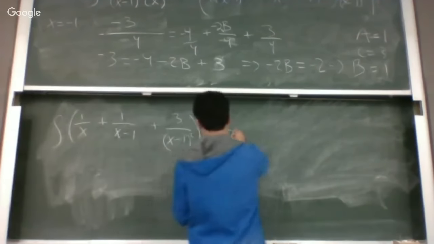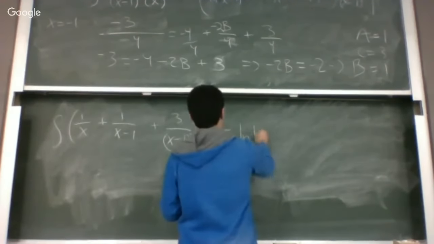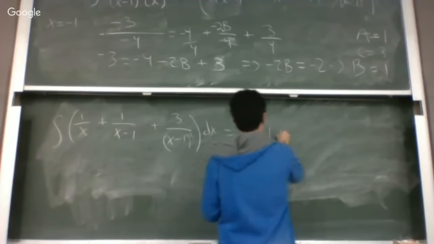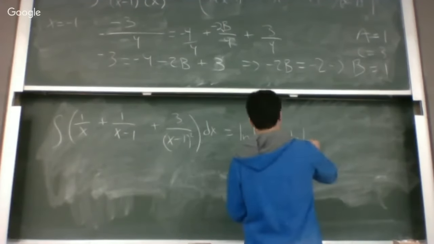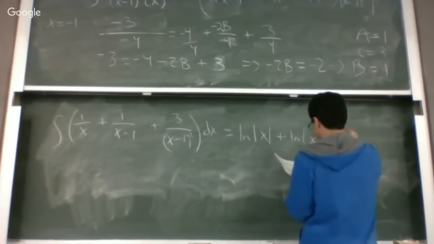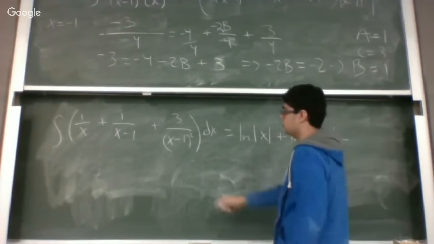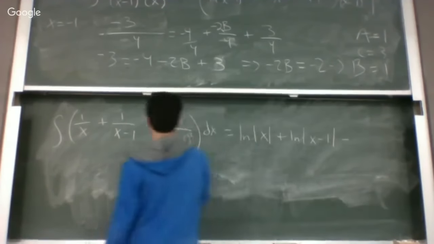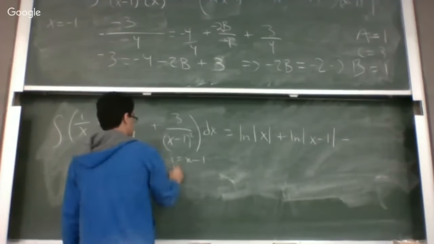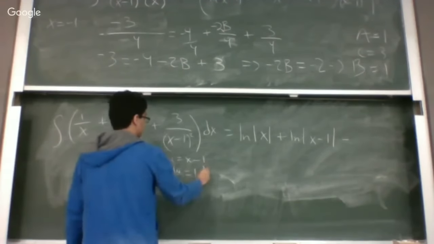So then if you just do the integrals, we have the natural log of the absolute value of x plus the natural log of the absolute value of x minus 1 minus, and if you do the integral, your u is equal to x minus 1, du is equal to 1 dx.